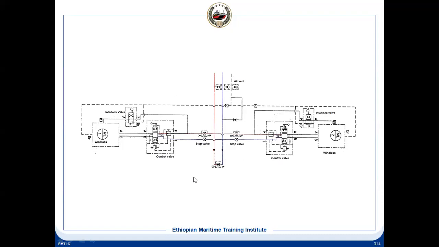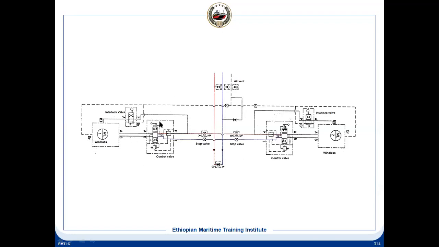Otherwise, if you don't engage, this motor will rotate without load, and it will rotate at very high speed, which should not happen. This line, what you see, is the drain line. In all hydraulic system motors, there will be some leakage that goes back to the tank. This dotted line is the drain line, which is going to the tank. So this is the way it will work.